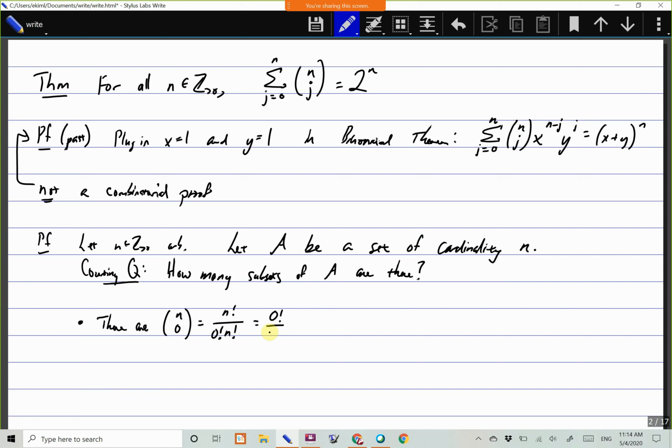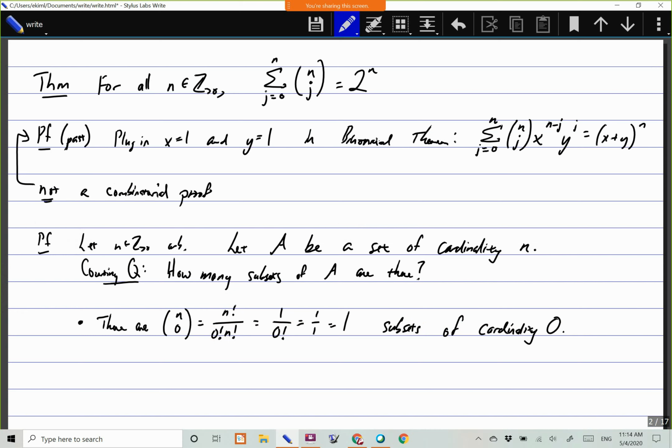So canceling out the n factorials on top and bottom, 1 over 0 factorial. This is 1 over 1. There happens to be one subset. I'm just going to use the plural though. Subsets of cardinality 0.